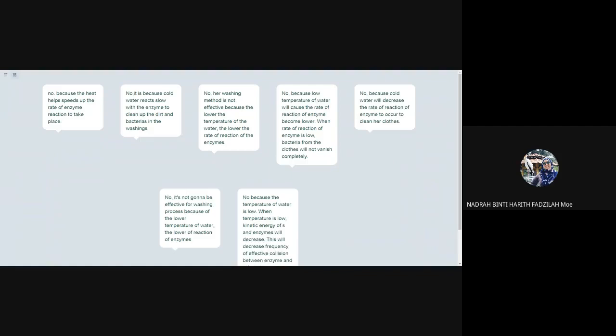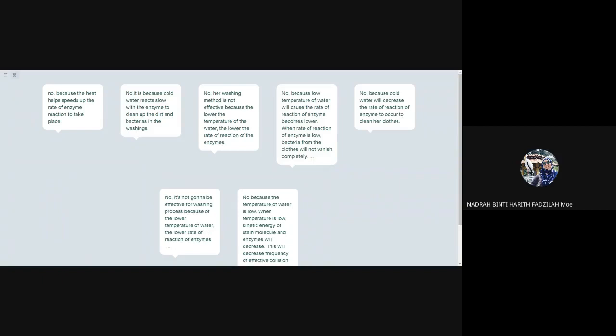Number three, so rate of enzyme reaction is lower. So most of you dapat markah pada rate of reaction of enzyme is low. So dapatlah dua markah. No satu markah, kadar tindak balas enzim adalah rendah, satu lagi markah.